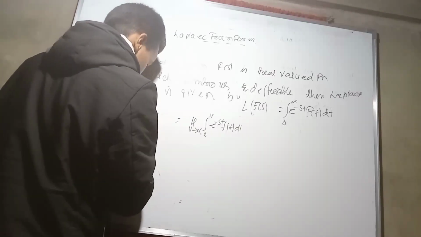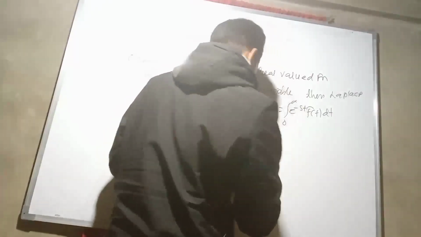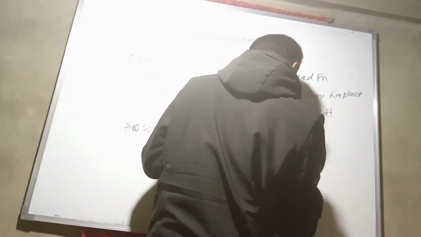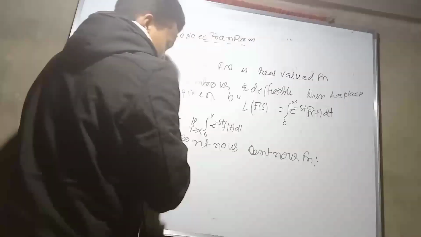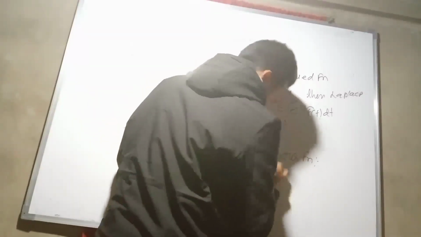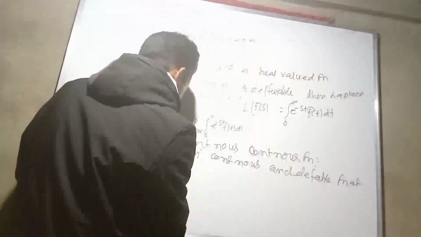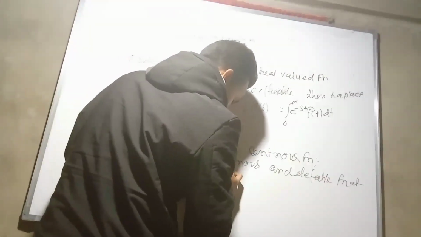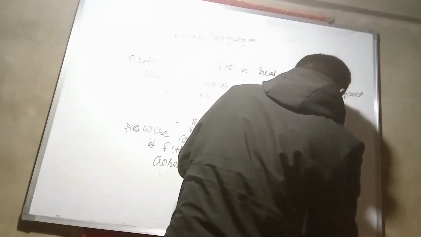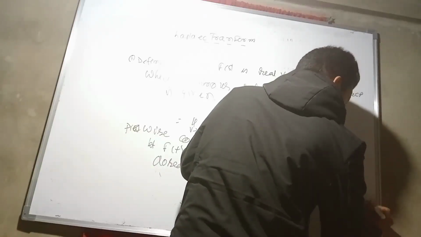Now let's look at the piecewise continuous function. Please note down: f of t is continuous and differentiable on the closed interval a b, where the partition of a and b is given by t1 less than t2 up to tn.